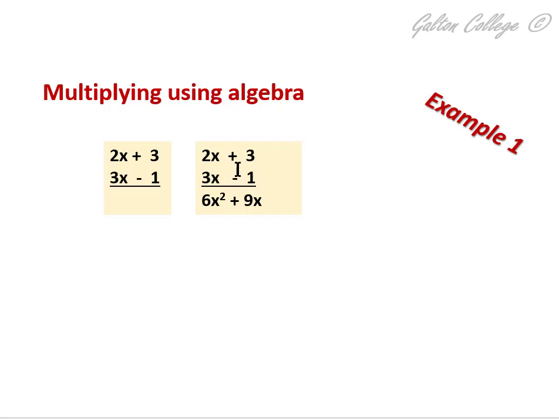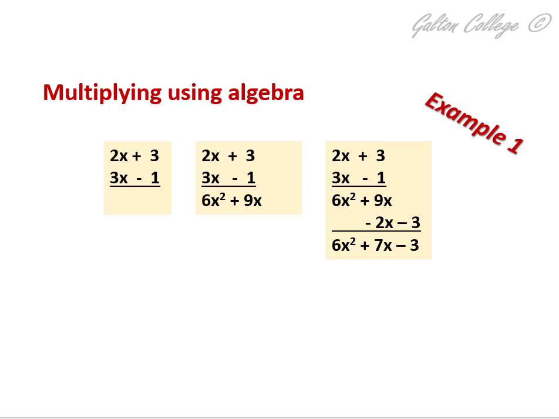We now need to do the minus 1. The minus 1 is minus 1 times plus 2x, so it's minus 2x. There it is. And plus 3 times minus 1, well that's minus 3. 1 times 3 is 3, so it's minus 3.